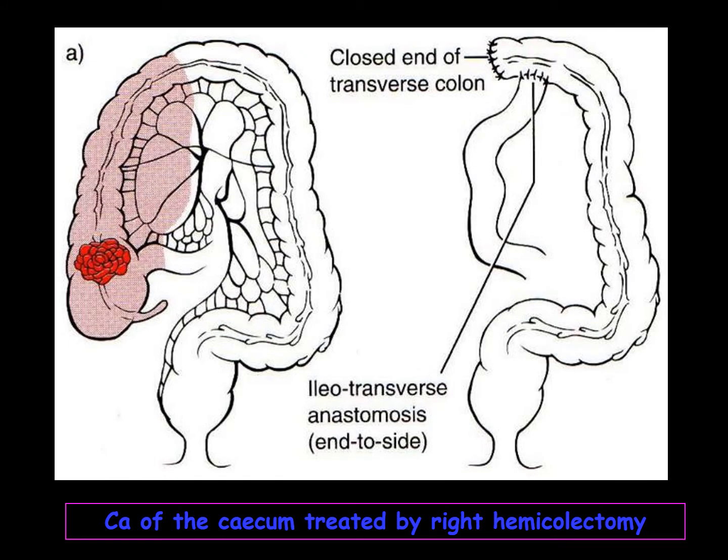Because the lumen of the colon is wider and the lumen of the ileum is narrow, so we can make a small opening according to the size of the ileum and make the anastomosis more or less feasible. So we do what we call right hemicolectomy with ileotransverse anastomosis in two sides.